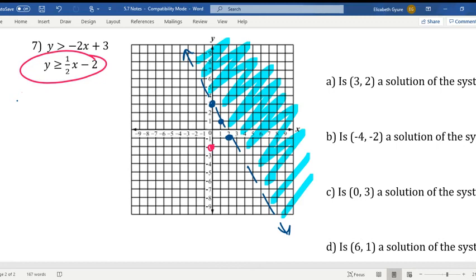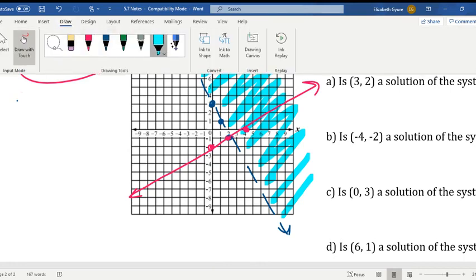Yeah, count up 1, over 2. Up 1, over 2. Solid or dotted line? Solid. And then this is a greater than or equal to, so do I shade above or below?